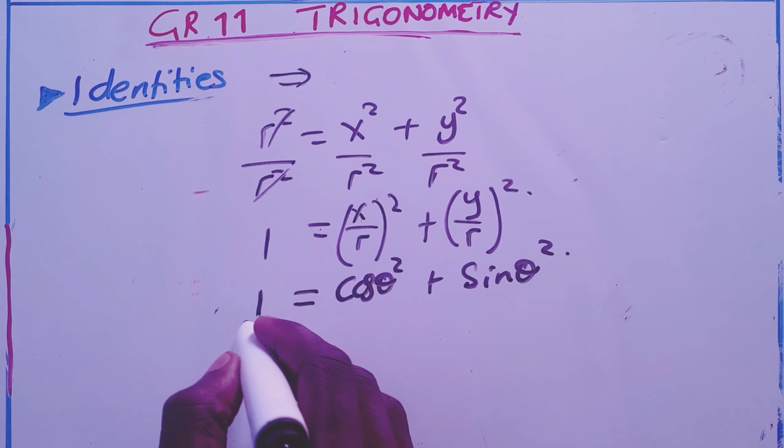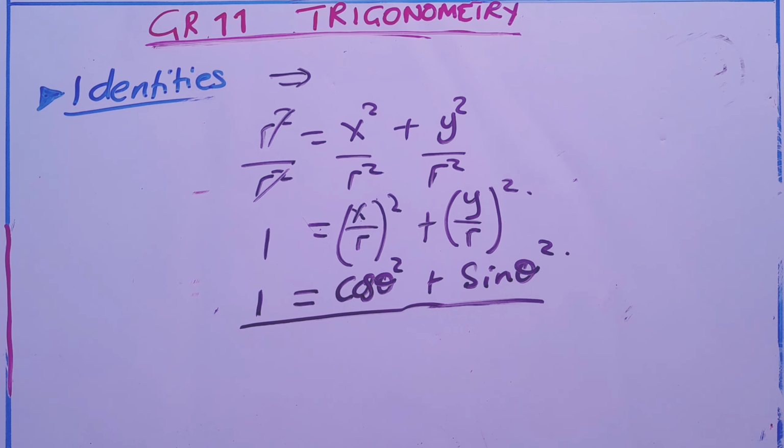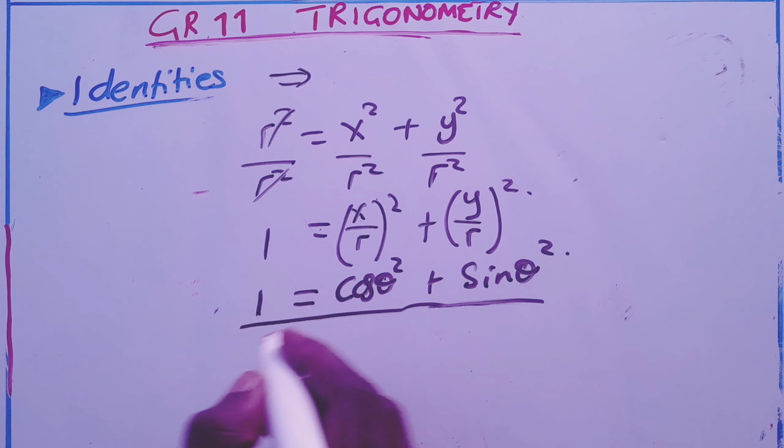So whenever we have one, or whenever we have this situation, we can use either form, depending on what we want to achieve. Always cos squared theta plus sin squared theta is equal to 1. Also, algebraically, we can change it in any way.